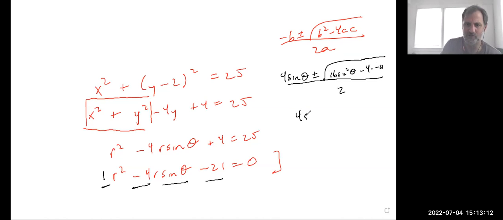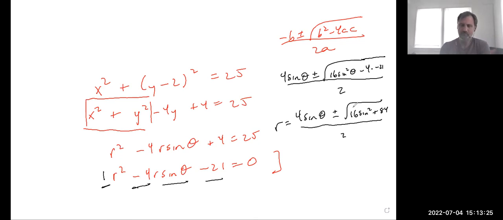So r equals 4 sine theta plus or minus the square root of 16 sine squared theta plus 84, over 2. Okay, so it's giving me two roots here. Let me just look at one of them, and then we'll see where the other one comes from and if it matters. Write that down again so I can remember it.